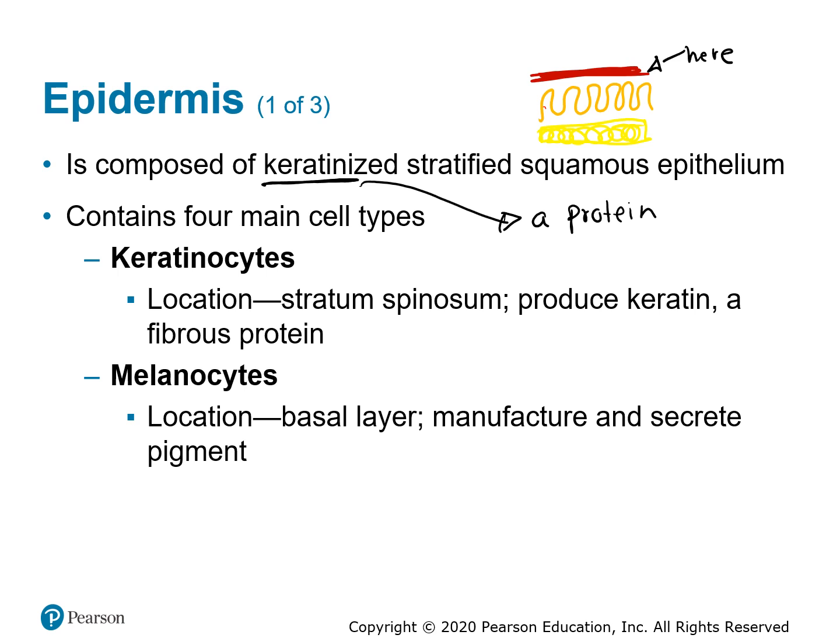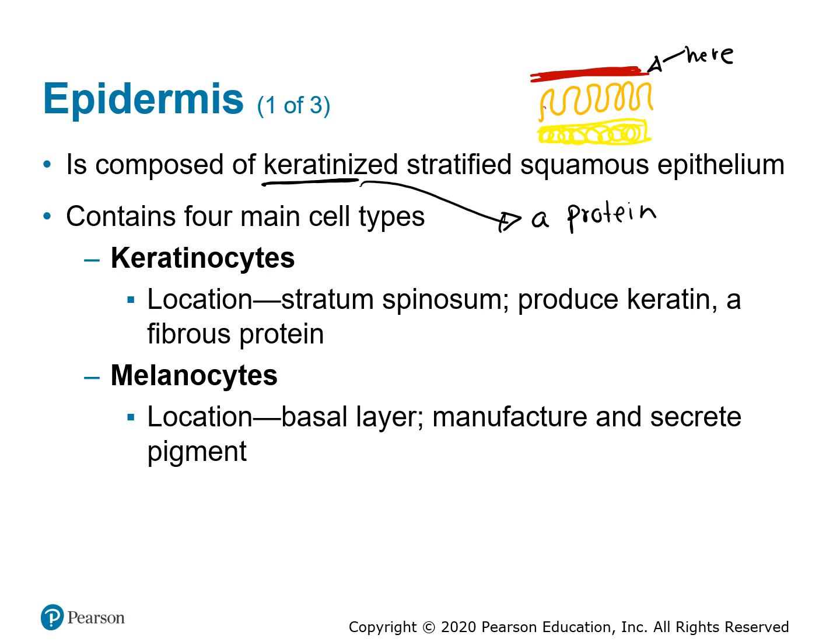It helps to protect. It helps give an extra layer of abrasion protection. Okay. So the epidermis, our very top layer of the skin, is comprised of cells that are keratinized.